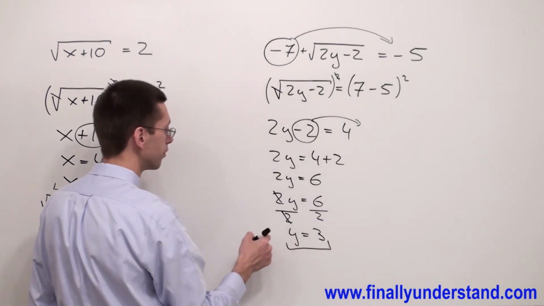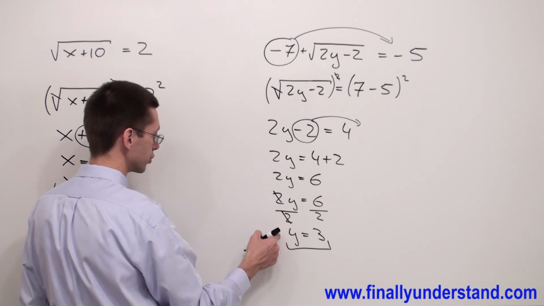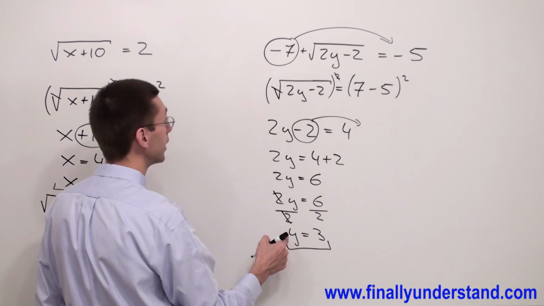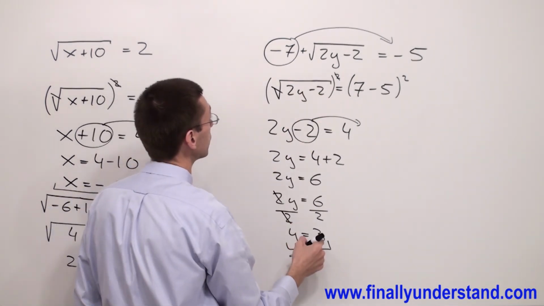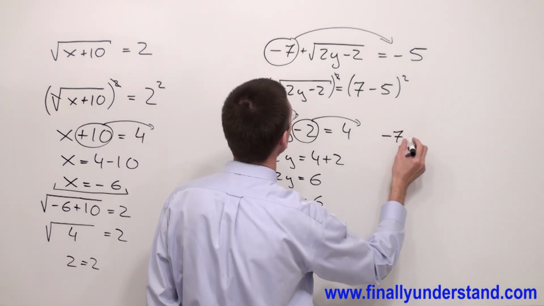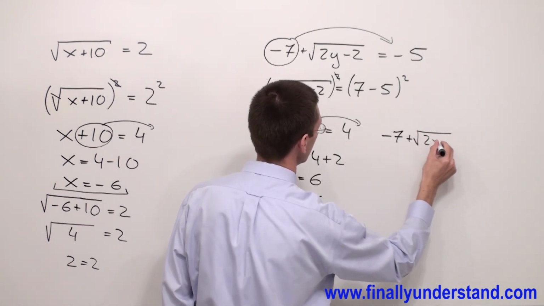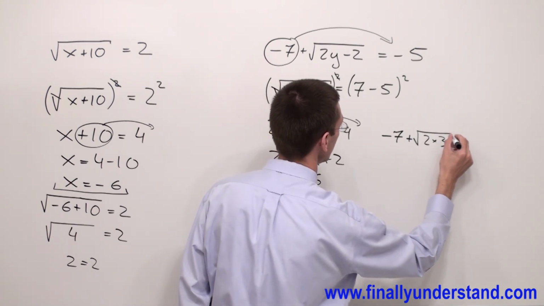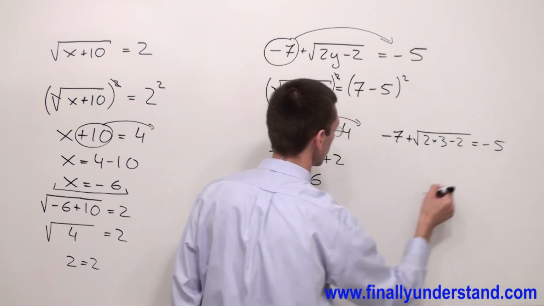Let's verify that this is the correct answer to my problem. What I'm going to do? I'm going to replace y in my original equation by 3. Let me write this over here. So I have minus 7 plus square root of 2 times 3 minus 2 has to be equal to minus 5.